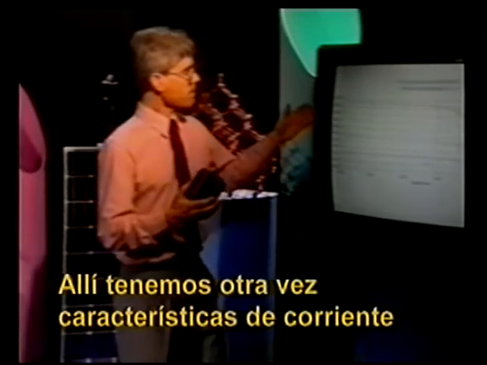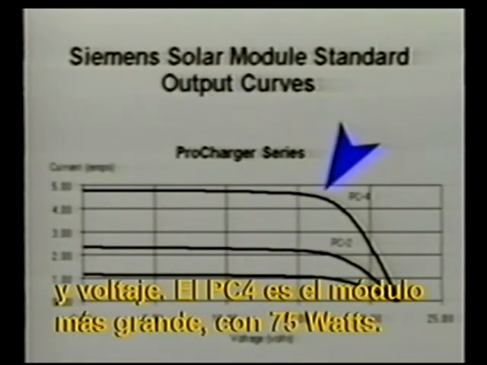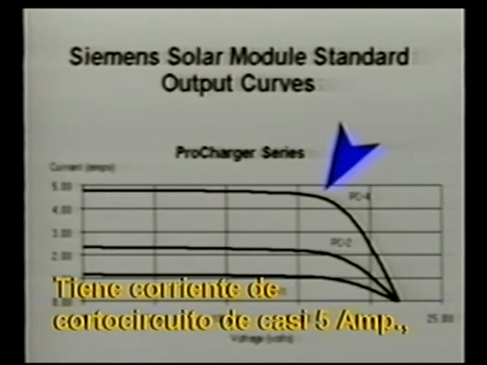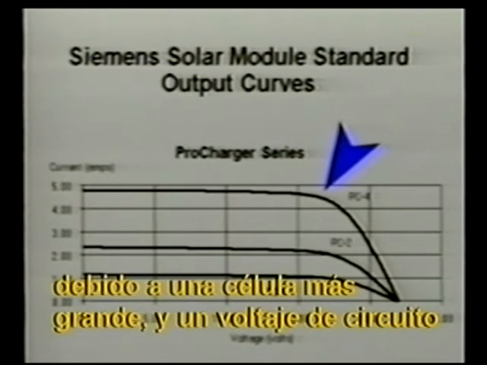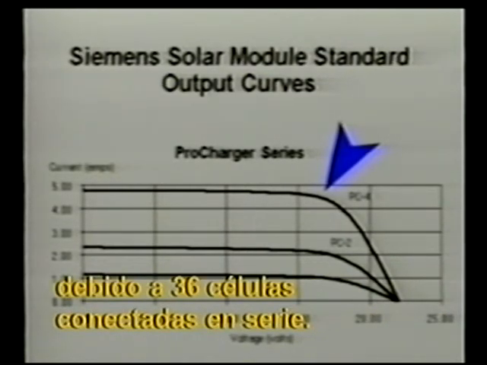There, again, we have current and voltage characteristics. The PC4 is the largest power output module, rated at 75 watts. There, it's got a short circuit current of almost 5 amps because of a larger cell, and open circuit voltage of about 22 volts because of 36 cells connected together in series.